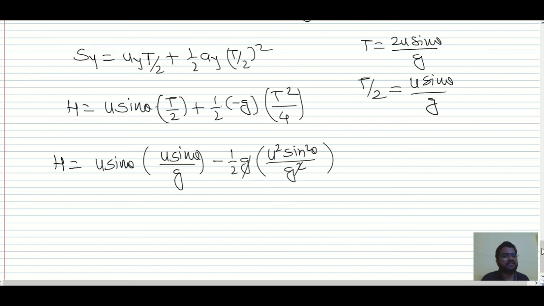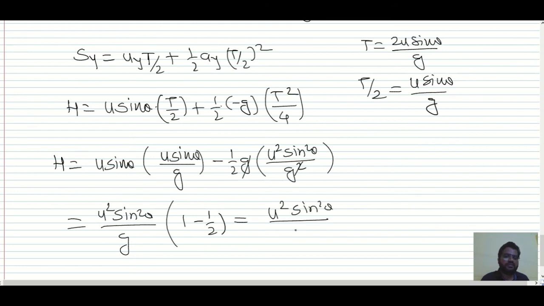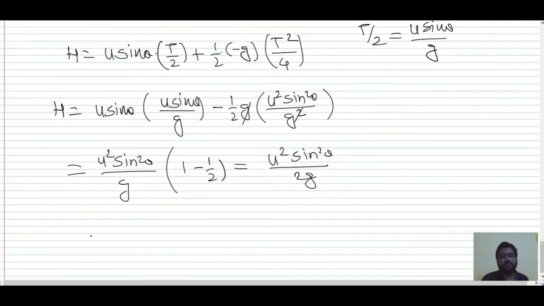So this gets cancelled, and as you can see, we can take u squared sin squared theta divided by g common, in bracket 1 minus 1 by 2. So it will be u squared sin squared theta divided by 2g. So this is the maximum height.